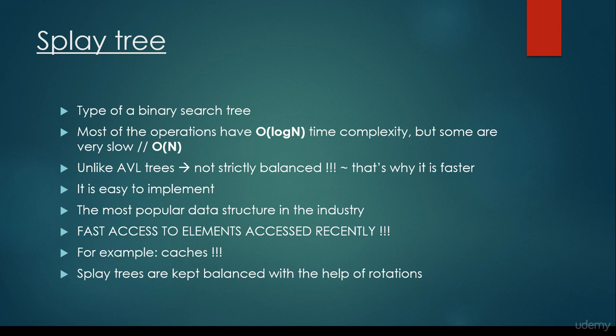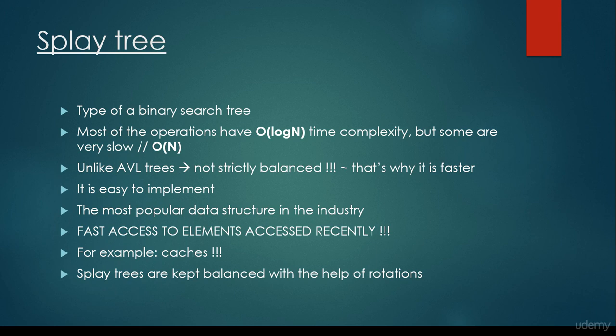Here, we are not going to make it strictly balanced, so we don't have to bother about making it perfectly balanced, and that's why it's going to be faster. It is quite easy to implement, and basically this is the most popular data structure in the industry.